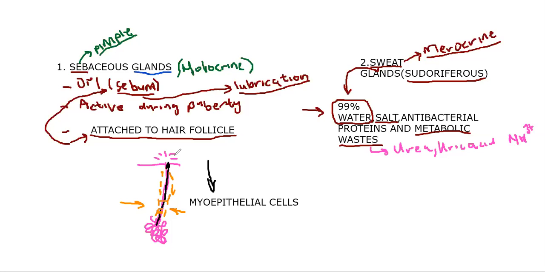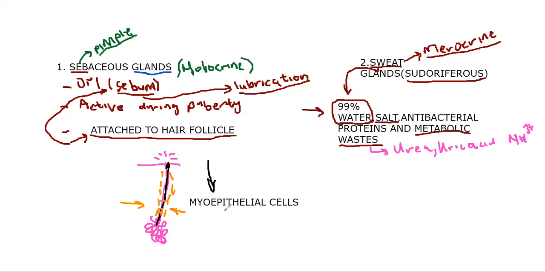So it's like they squeeze it, then they contract as they go upwards until that sweat is released on the surface of the skin. And then they relax until you have to release sweat again. Are we clear?